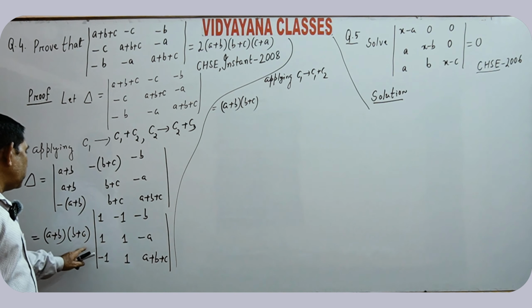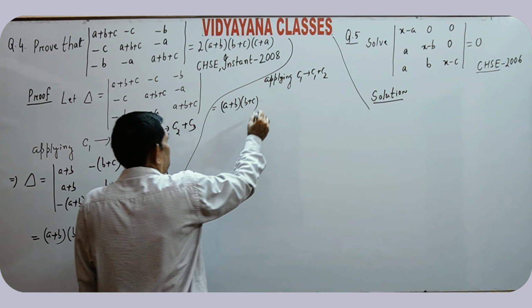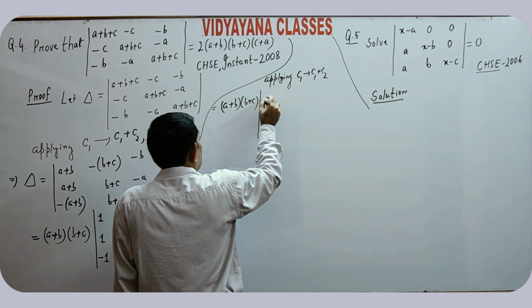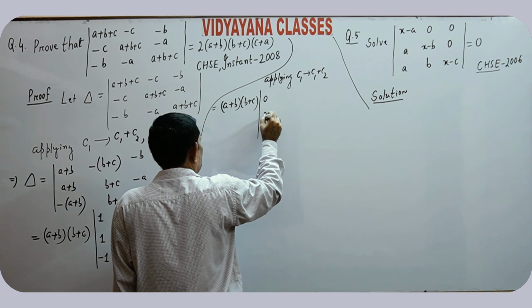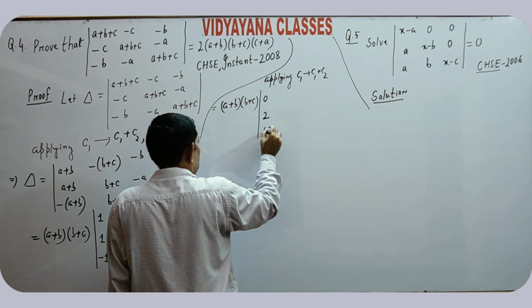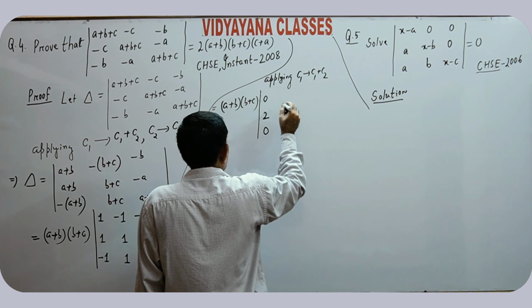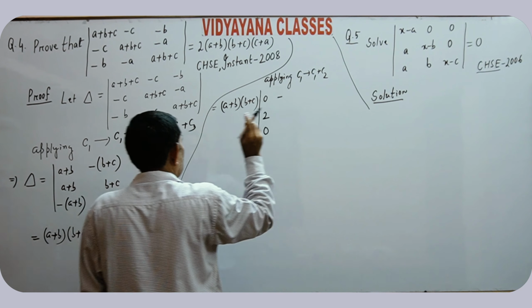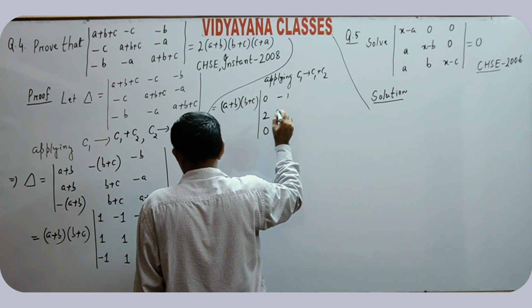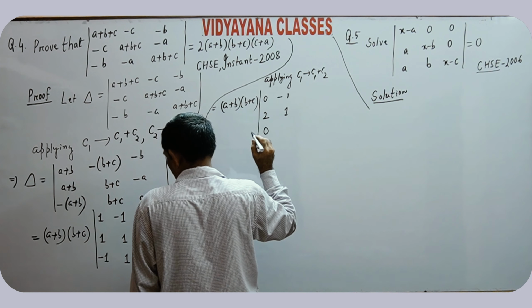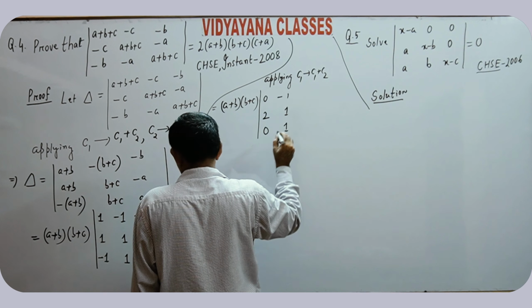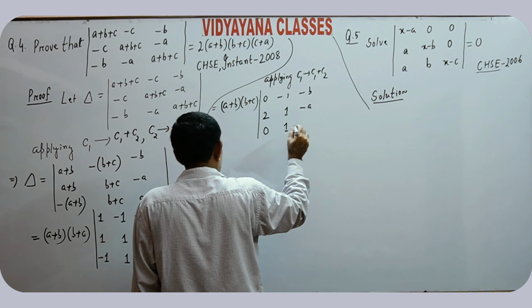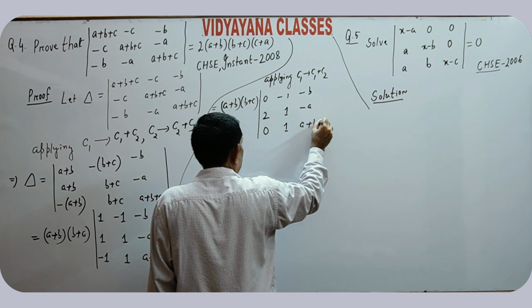A plus b into b plus c into determinant having elements 0, 2, 0. Minus 1, 1, 1. Minus b minus a plus b plus c.